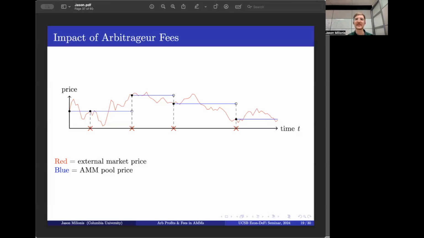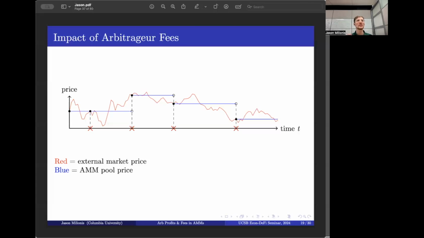On these times, these are the only times that you can actually trade on the exchange. So what do we actually see? We see that in the AMM pool price, there are now periods of quiescence in the blue curve, where nothing happens. And the only moments where something may happen, a change may occur, are these moments when a block actually does arrive. So these red axes.